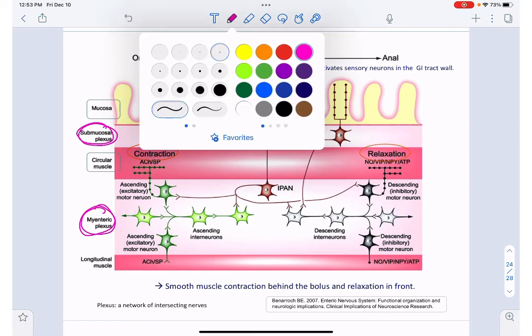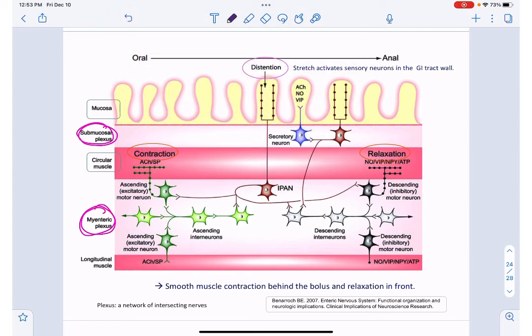So how does this work to drive peristalsis? Well, it's actually pretty simple, and it's basically a reflex loop. And how does it start? Well, it starts with distension or stretch of the mucosa layer. So you have a food bolus that's moving down, and as it moves down, it stimulates sensory receptors, stretch receptors in the wall of the mucosa.